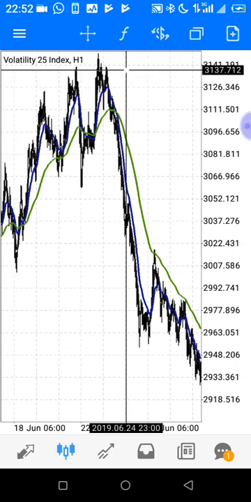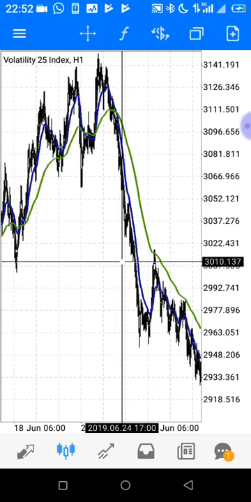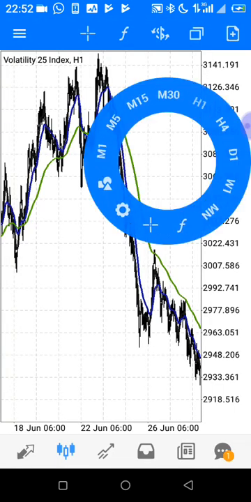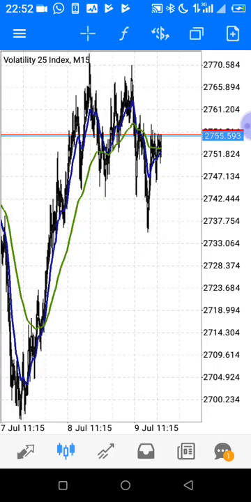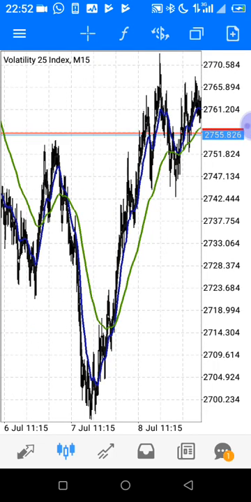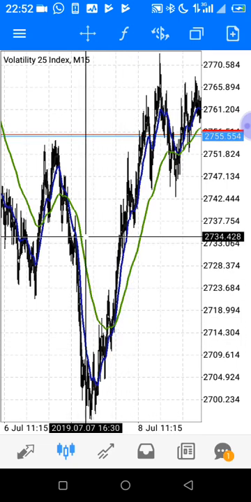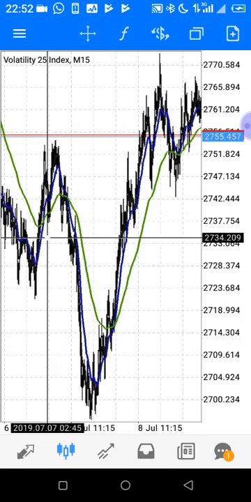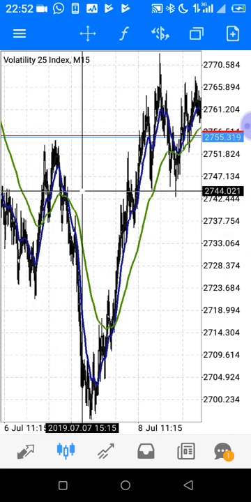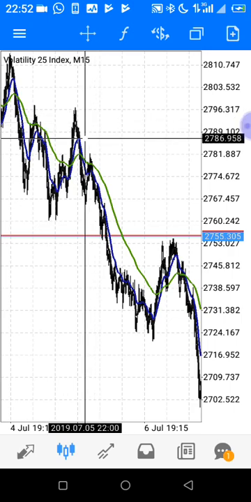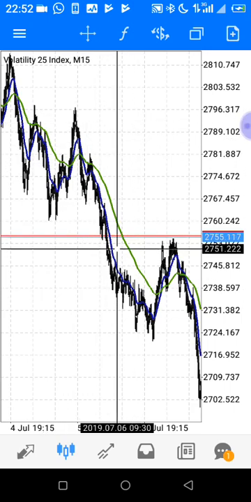This was a clear sell, and it sold up to here. Let me show you that you can even use it in 15 minutes. Buy conditions were met here, sell conditions were met here, buy conditions here, sell conditions were met here, and it did sell.